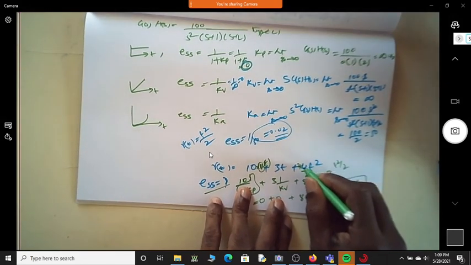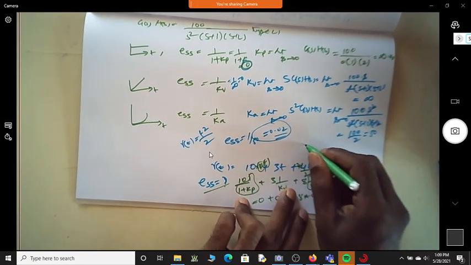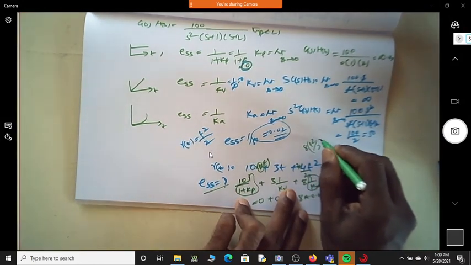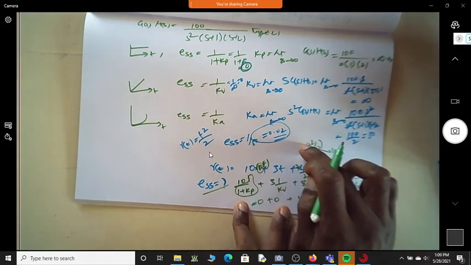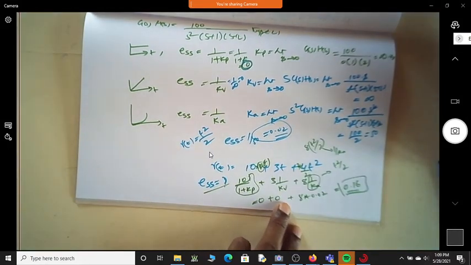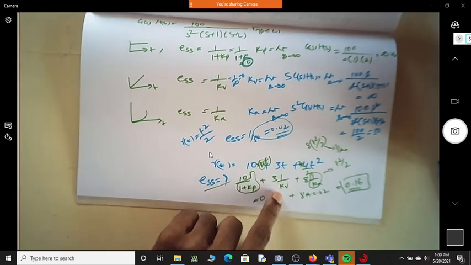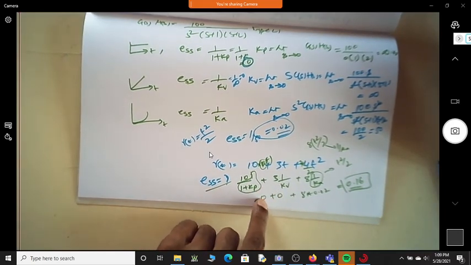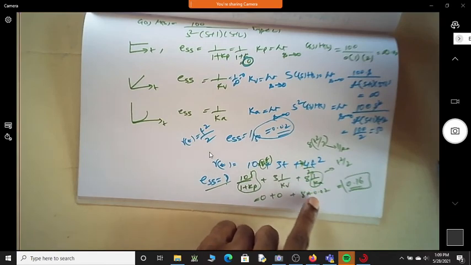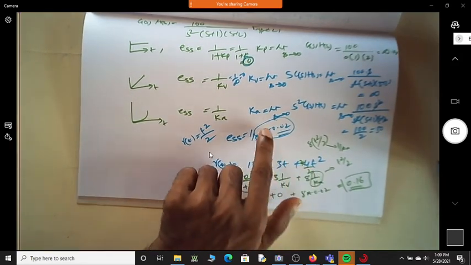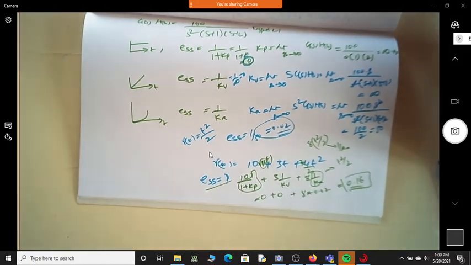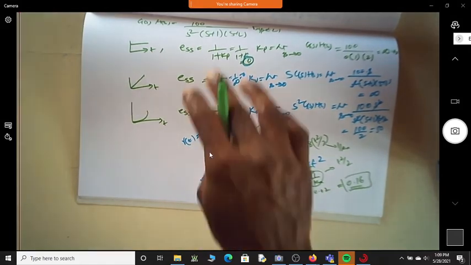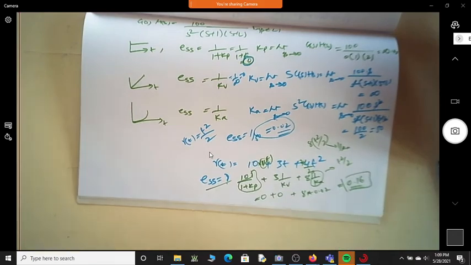You have to convert 4t square into 8 times t square by 2, so that I can write 1 over Ka as the expression for error, and 8 is a multiplication factor. We know Kp and Kv are infinity, so it will end up with 0 plus 0, and you have a finite error for this. 1 over Ka is nothing but 0.02. Then you end up with this as the final error for this system for all these three inputs.